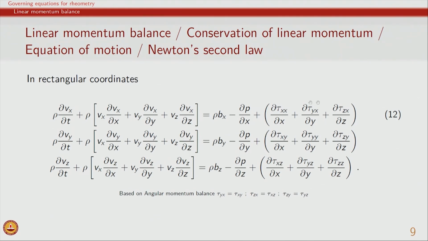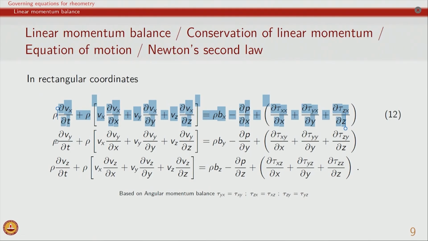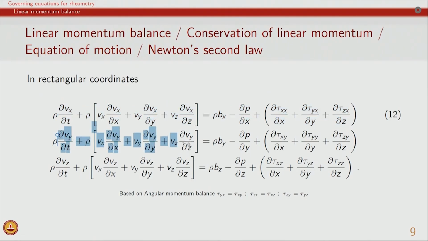The first component is the x component. So, this is for flow in the x direction, and the second component is related to flow in the y direction. So, we can see that the velocity here is Vy. So, this is the rate of change of velocity in the y direction, or acceleration in the y direction.